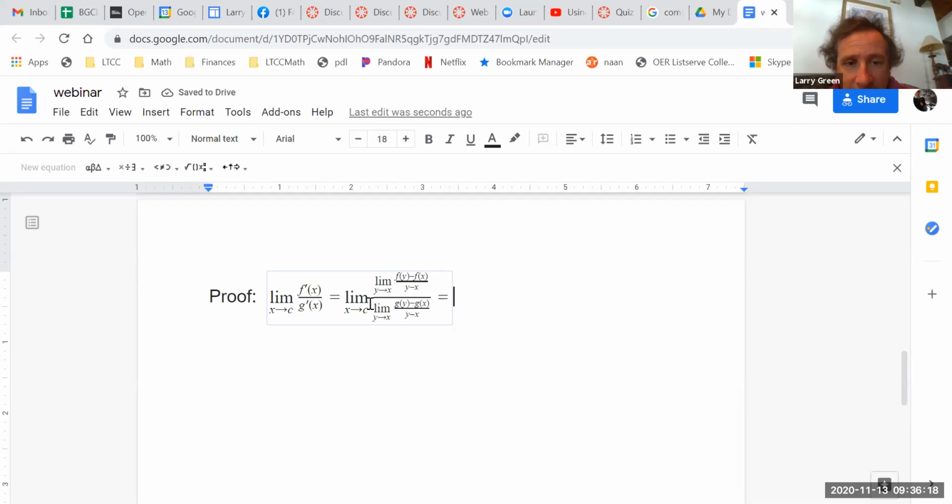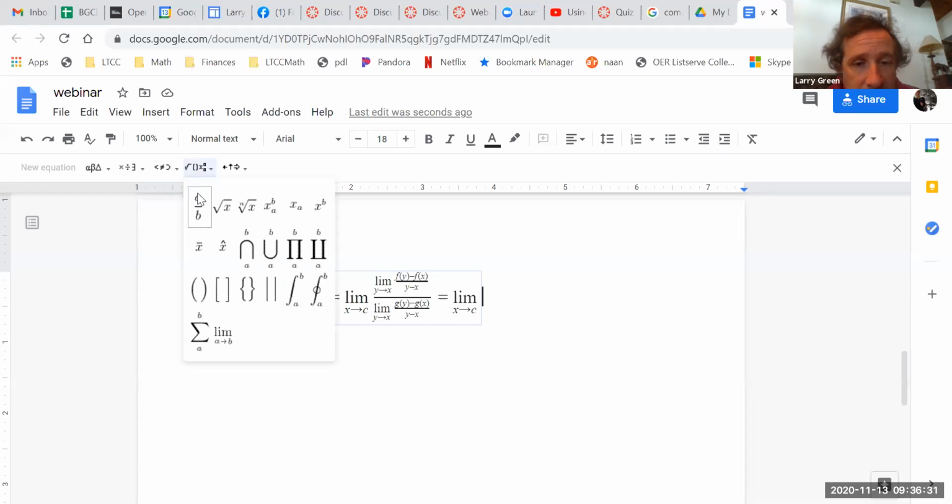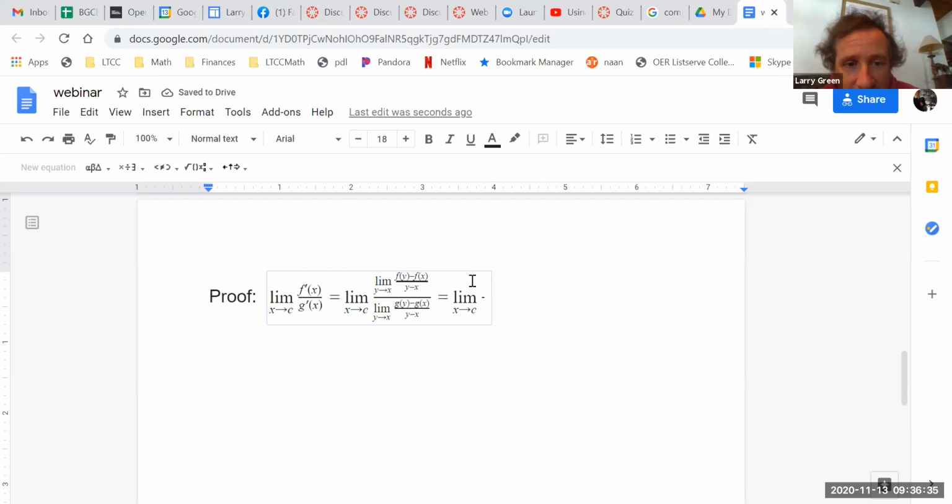So that's going to be the limit as x goes to c still. And now what we're going to have is the limit as y goes to x of f of y minus f of x over g of y minus g of x, because the y minus x's cancel.